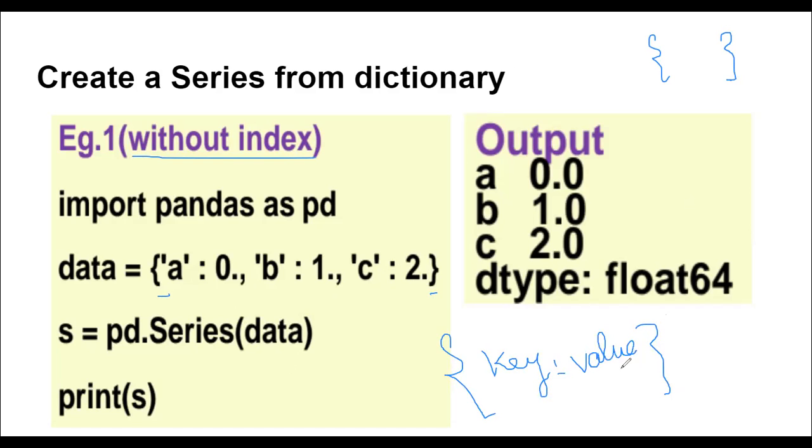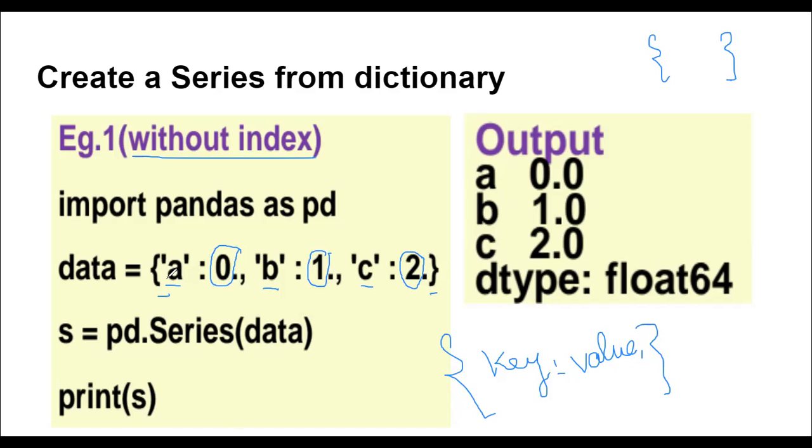Whatever value we want to store, for that we need a key. And however many things you want, each you have to separate with a comma. So here A is the key. What I am underlining here, all these are keys. And what I am circling here, all these are values, the original data I want to give my dictionary.